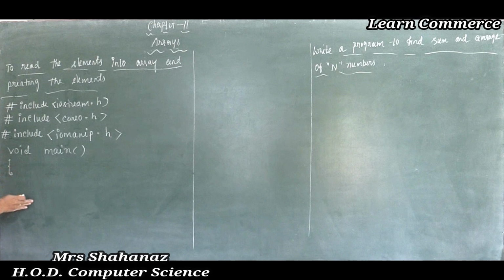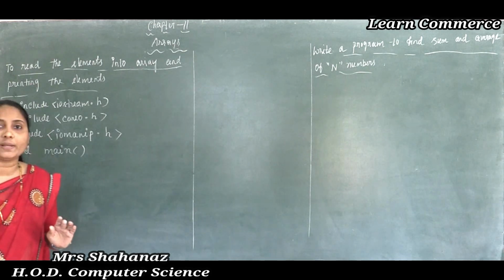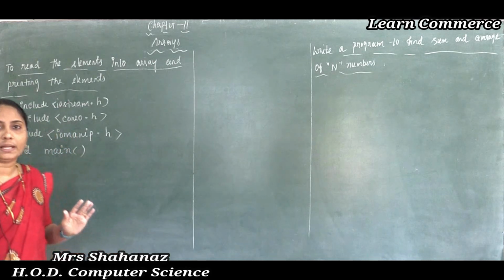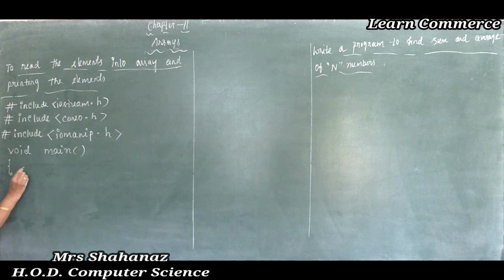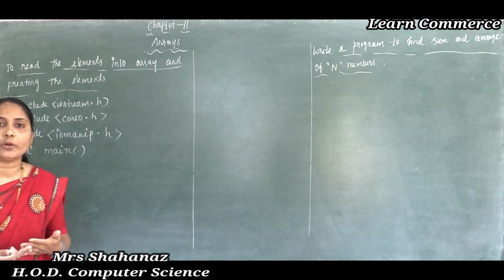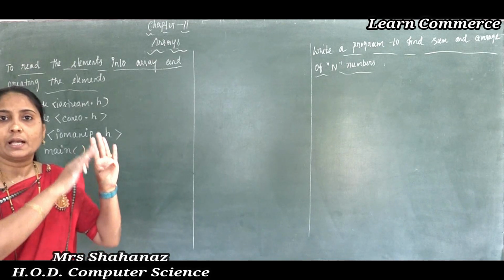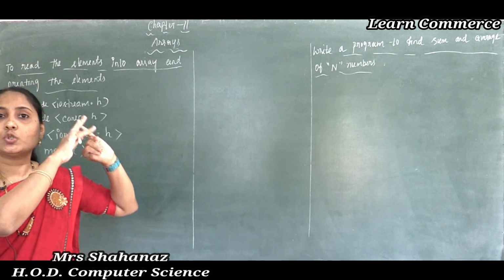After the curly bracket, we need to declare the variables that we want to use in the program. To declare any variable, we should use a data type. Here I am using the data type int, because the values I am going to take are 56, 67, 98, 12, 10.